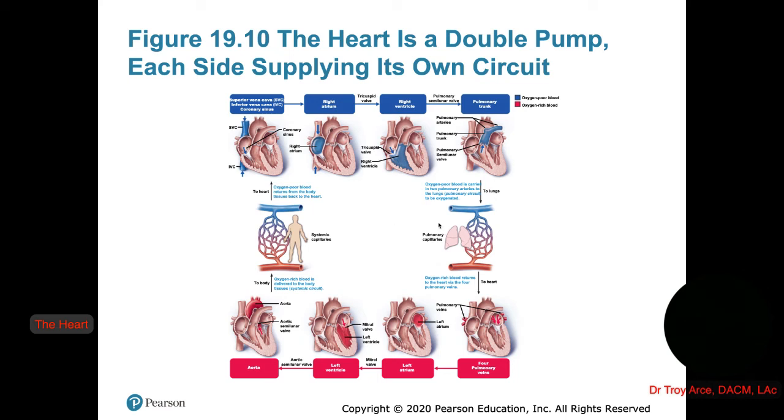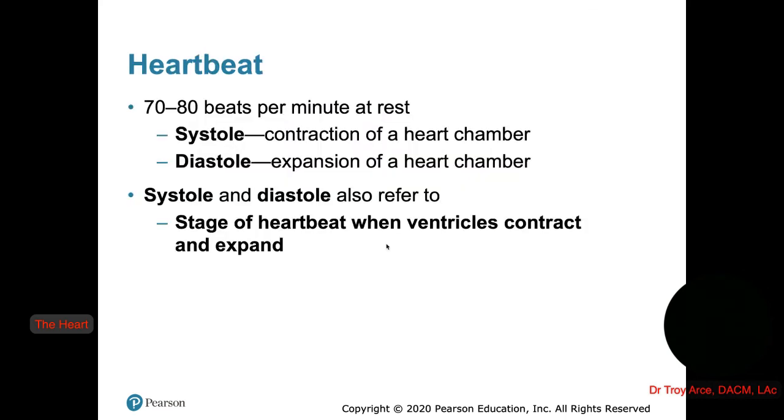Just revise this slide. The heartbeat, normal, is 70 to 80 beats per minute at rest. And systole is the contraction of a heart chamber. Diastole is the expansion of a heart chamber. So systole and diastole also refer to the stage of heartbeat when ventricles contract and expand. So 70 to 80 is sometimes very high in people, all right?